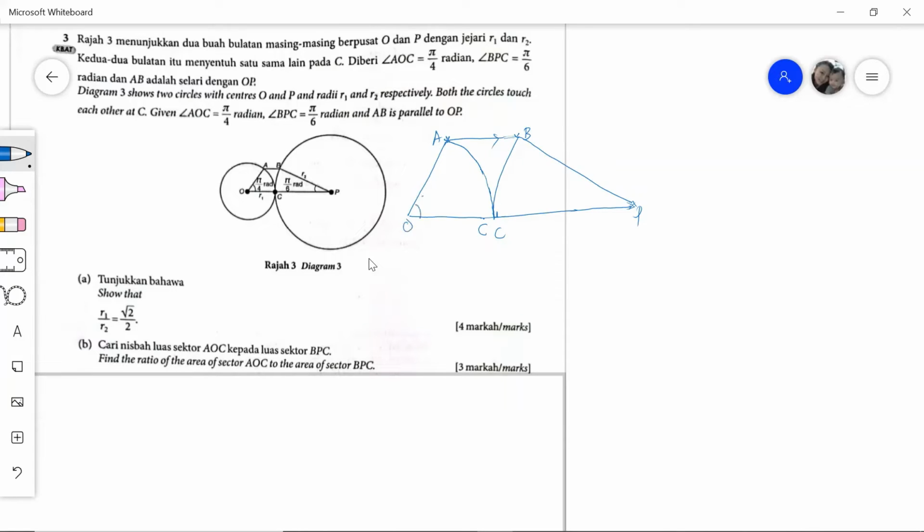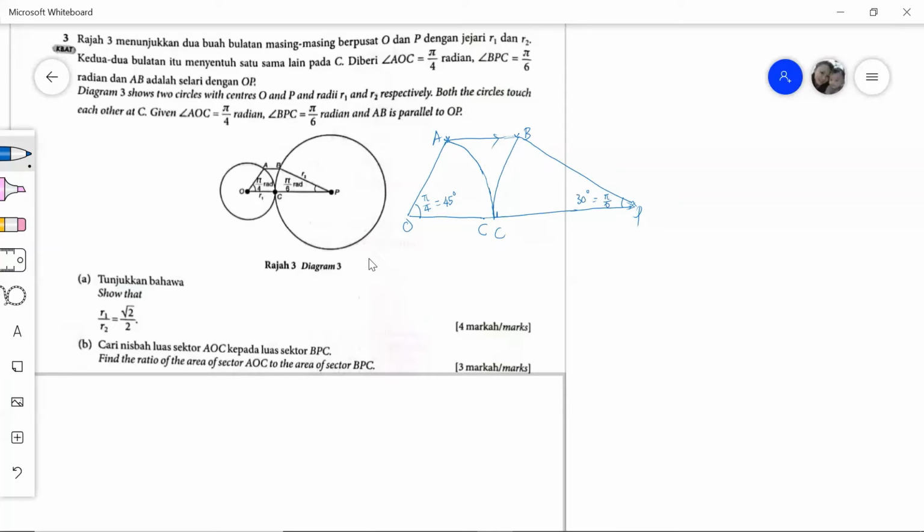The angle here is pi over 4 radian. If we were to change to a degree, pi is equivalent to 180 degrees. So we take 180 degrees divided by 4, so it's 45 degrees here. And pi over 6 radian is basically equivalent to 30 degrees.